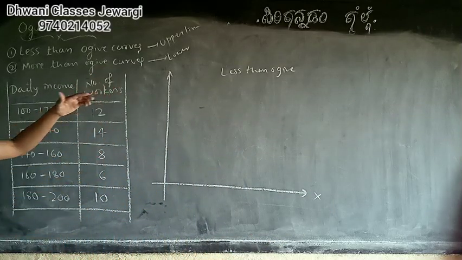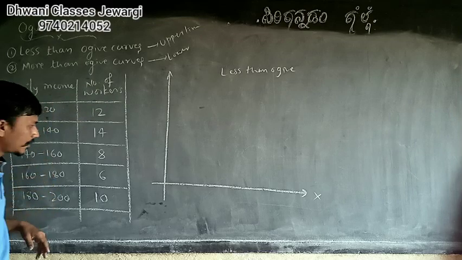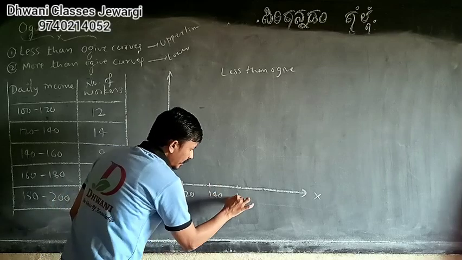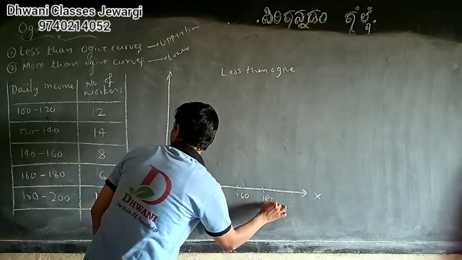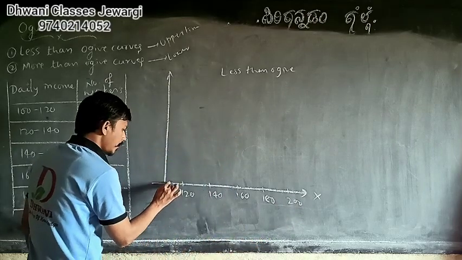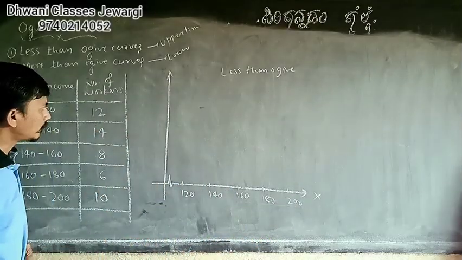Since it is less than Ogive, you need to take the upper limit. The upper limits are 120, 140, 160, 180 and 200.